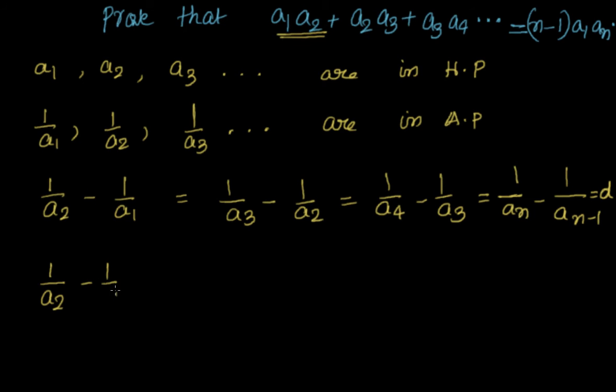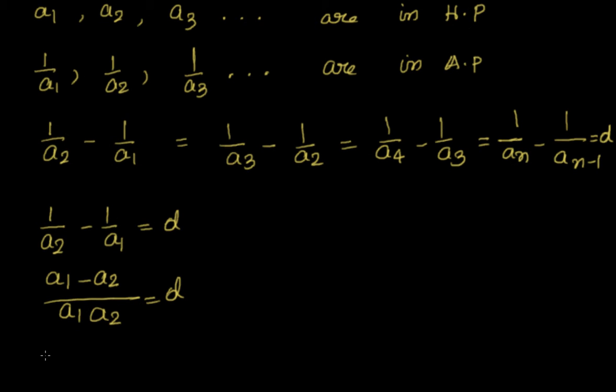I'll write 1 by A2 minus 1 by A1 equal to D. Now, if I take LCM, I will get (A1 minus A2) divided by A1A2 is equal to D. What we want is A1A2, so I can write A1A2 is equal to (A1 minus A2) divided by D.